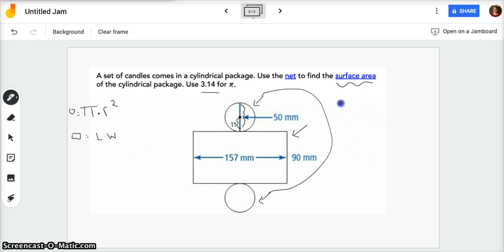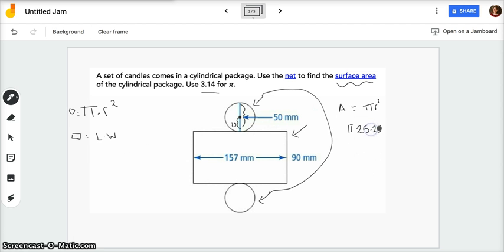So the area of the circle equals pi times the radius squared. Pi times, the radius is 25, so 25 times 25.